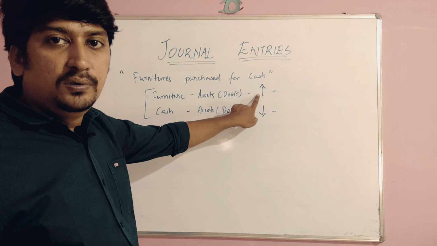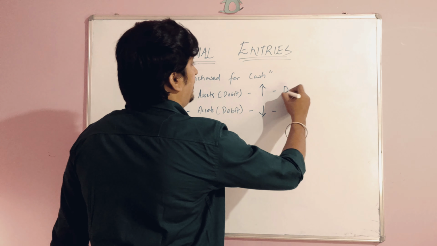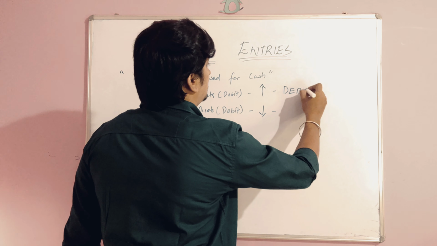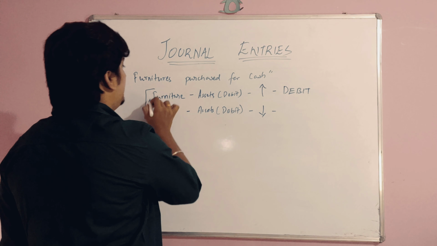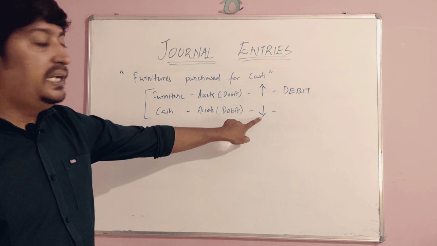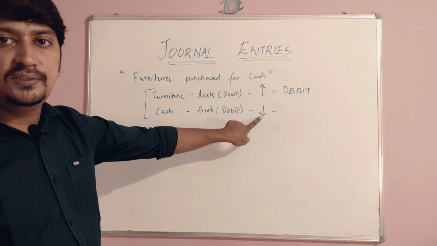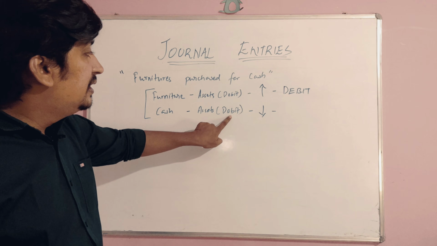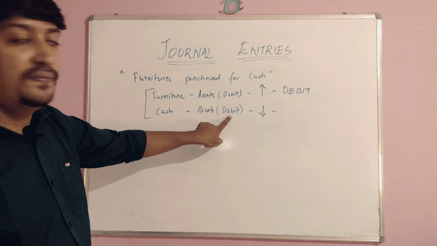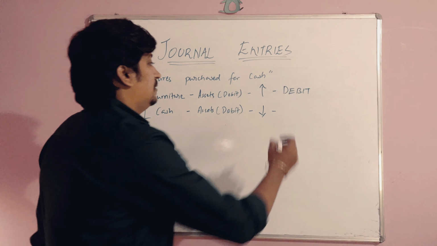To increase an account, same effect. It is a debit balance account, so we also have to debit it. So the final answer is this particular account has to be debited in the journal. Then here cash decreases, so we have to apply the rule of decrease, which says opposite effect, which means we have to go for the opposite effect of the general balance. General balance is debit, so we have to credit this account.